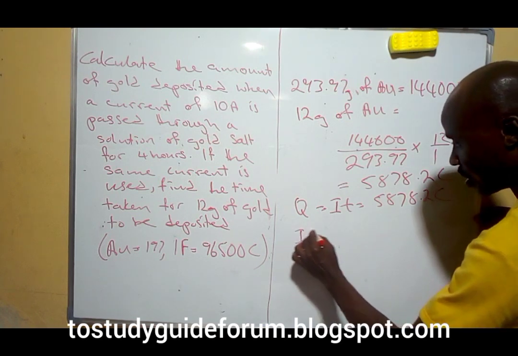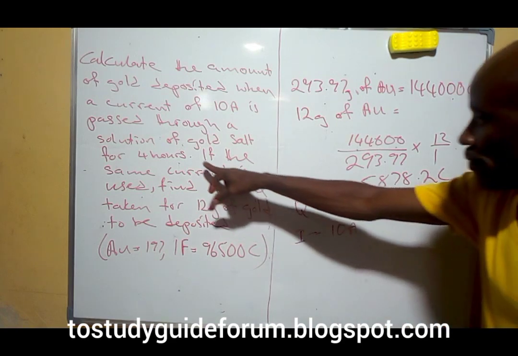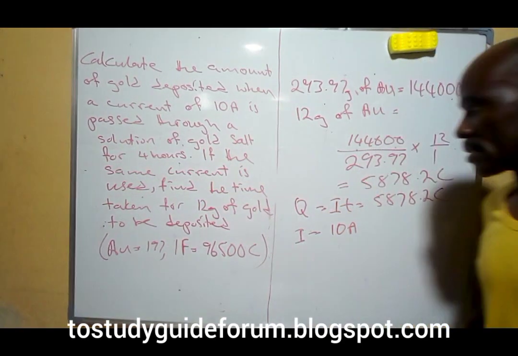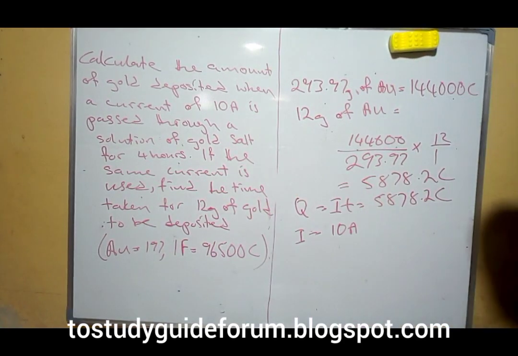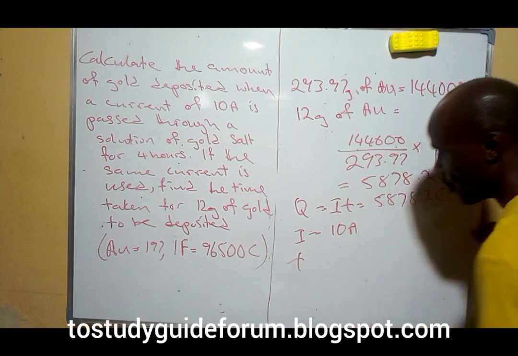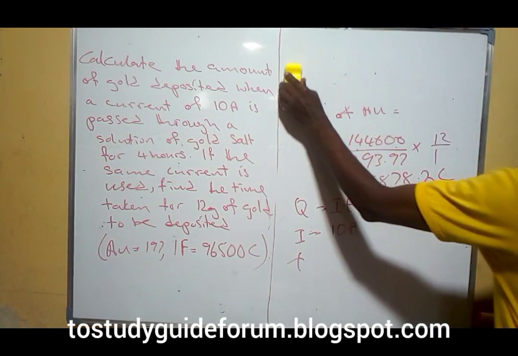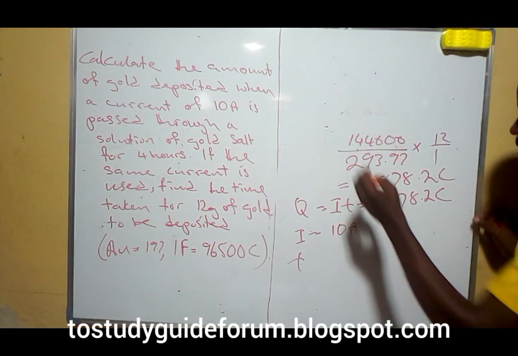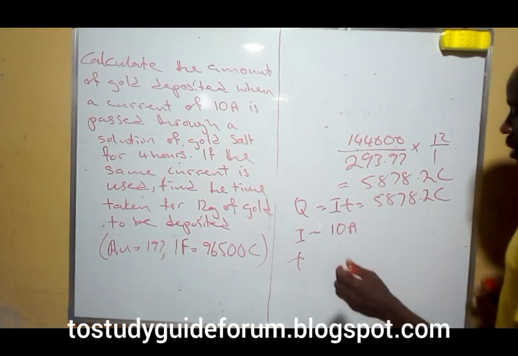Our current in this case is 10 amps. So if the same current is passed, we're going to get the time now. Then we're going to substitute.